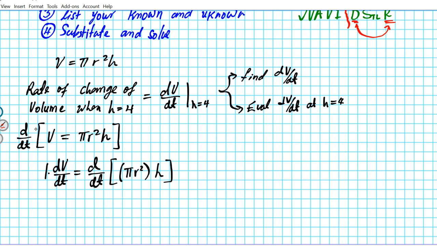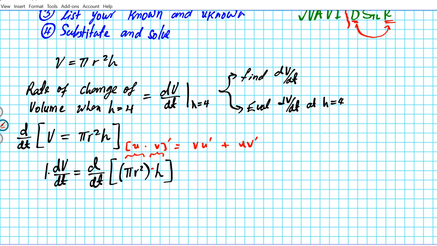I have a product of two variables, so I can use the product rule. This will be u and this will be v, and we're going to differentiate this using the product rule: v u prime plus u v prime.